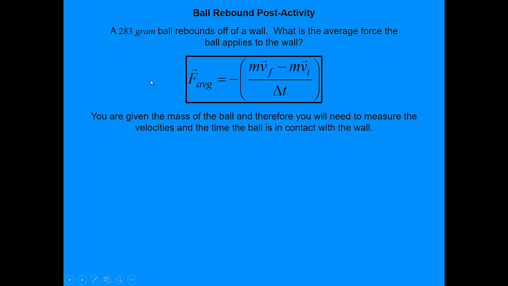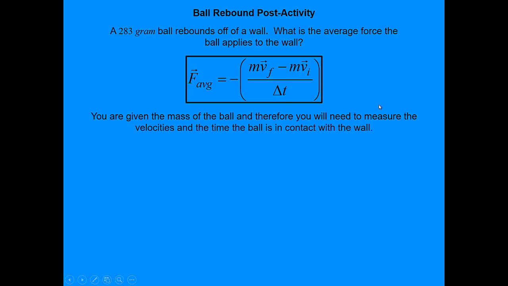A little hint I tried to put into the Pivot, because everything in the Pivot was actually in centimeters and grams, so you have to convert everything to meters and kilograms, respectively. So we know the mass, so we've got to measure three things: the velocity of the ball when it hits the wall, the velocity of the ball as it leaves the wall, and the time it's in contact with the wall.